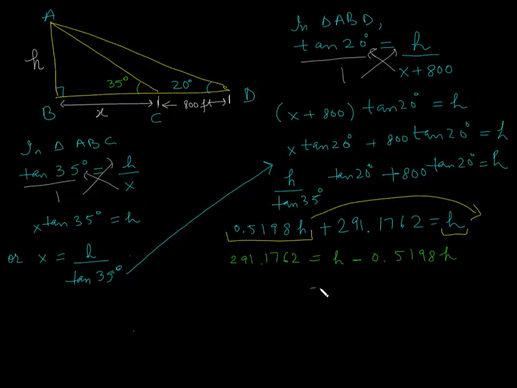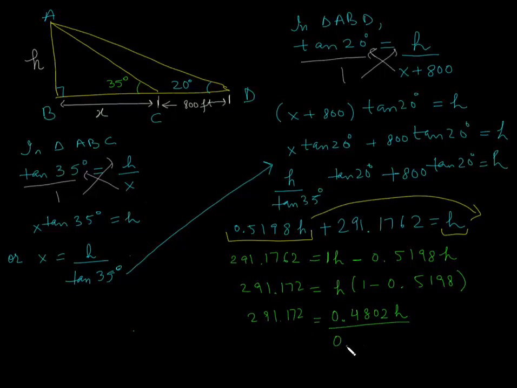If we factor out the h, we are left with 1 minus 0.5198. You can say you're collecting like terms. You can use whatever terminology you want, but really what we want to do is subtract 0.5198 from 1, which gives us 0.4802h.